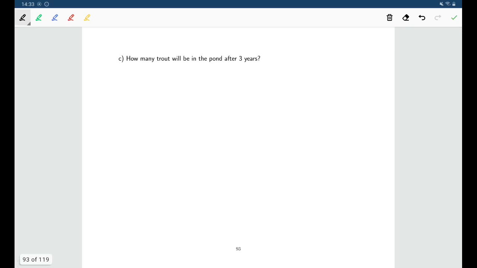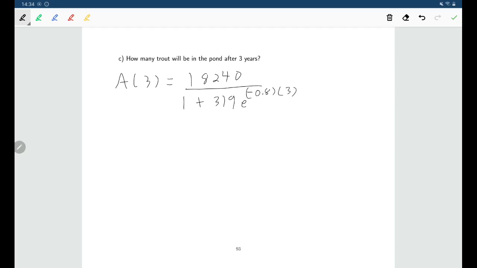How many trout will there be in the pond after 3 years? So this is the population size when time is 3. And so that's just a matter of putting in 3 for time. So the power is e to the power of negative 0.8 times t, and that's negative 2.4 for that power.